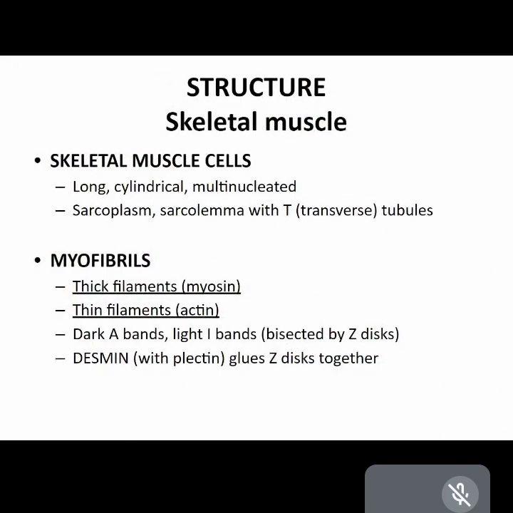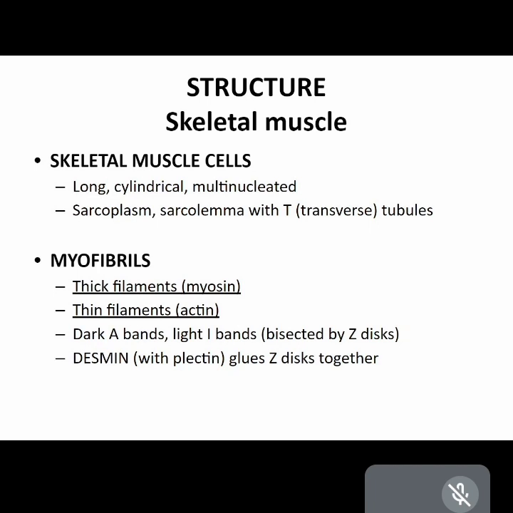Okay, skeletal muscle cells. These are long cylindrical multinucleated cells. They have a sarcoplasm, a sarcolemma with T or the transverse tubules. And then the myofibrils have the thick and the thin filaments, the myosin and the actin, and the dark A bands and the light I bands bisected by Z disc.